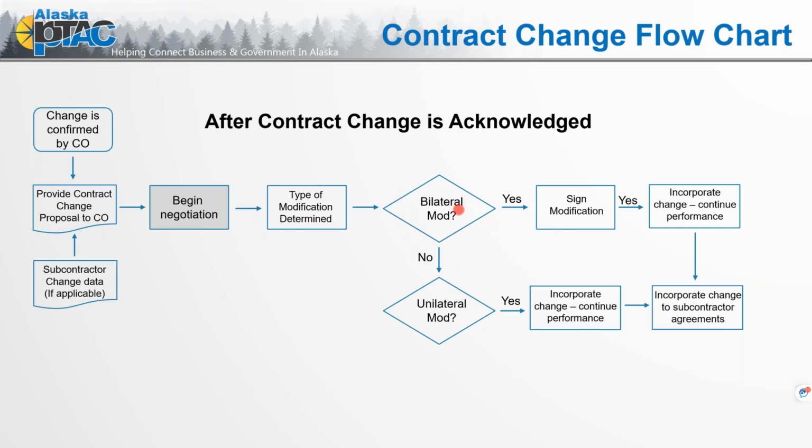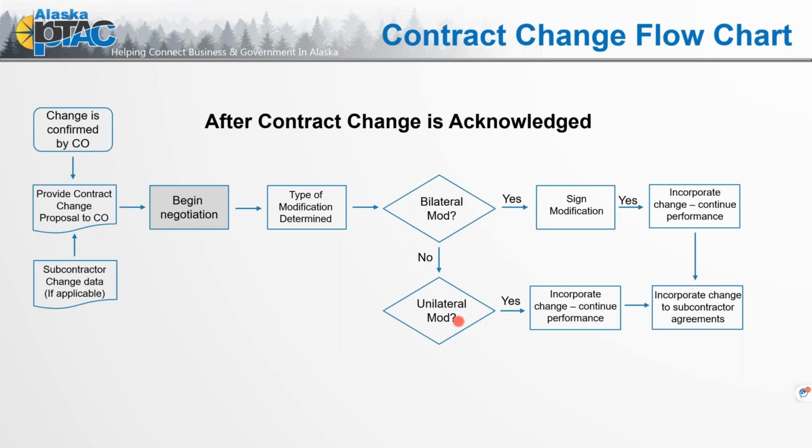So we're going to talk about it as a bilateral mod or a unilateral mod. And then I'm going to talk about these definitions a little bit more. So yes, it is. Both parties are going to sign that modification. And yes, they incorporate change and continue performance. No, in the case of a unilateral mod, and this could be where the contracting officer says, okay, we agree, such and such paint color is not available. This is an appropriate substitute.